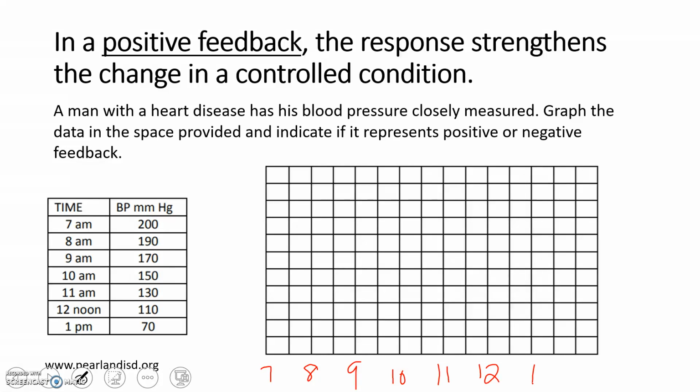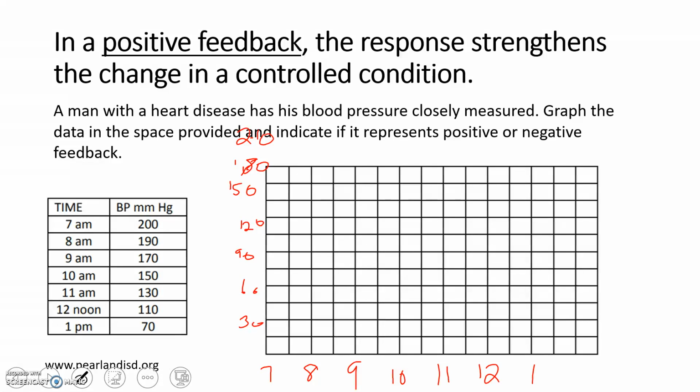So we have 30, 60, I don't know if it will fit, 90, 120, 150, 180, and then 210, which is going to be over here.